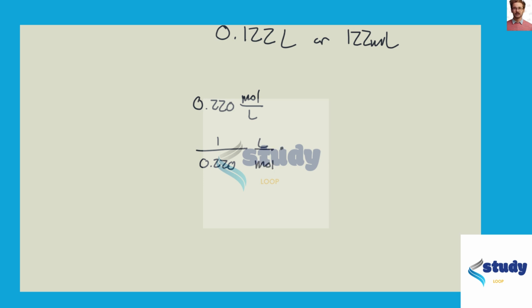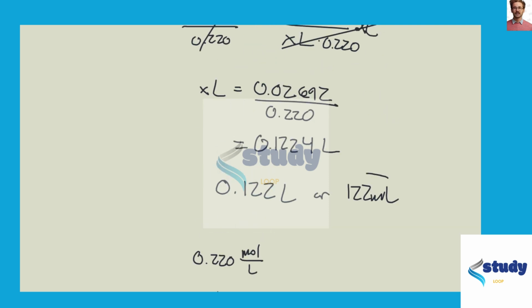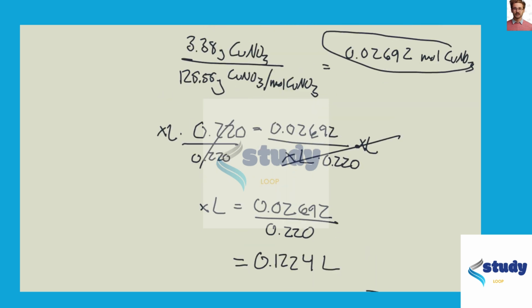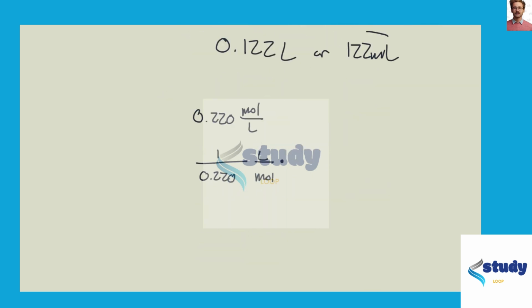And we would multiply this by the number of moles that we got when we converted grams to moles, which was 0.02692. Right? And get our answer that way. Moles would cancel with moles. We do the same math, right? And then we get our final answer of 0.122 liters.